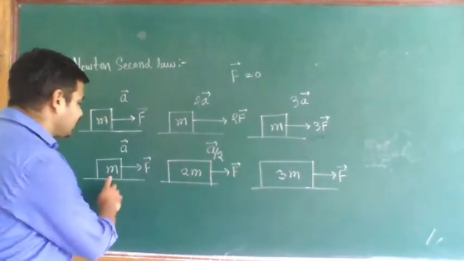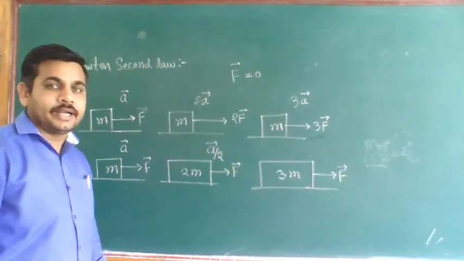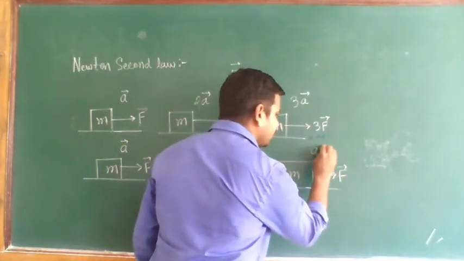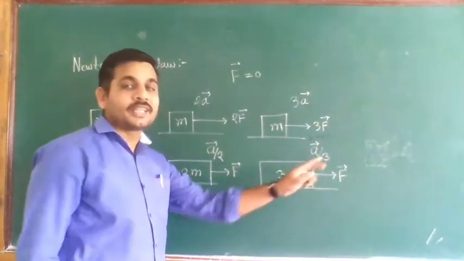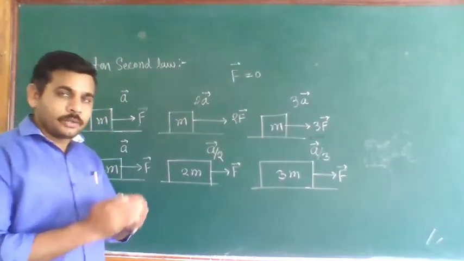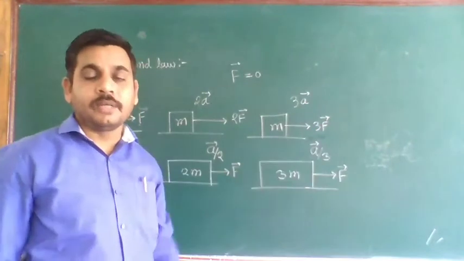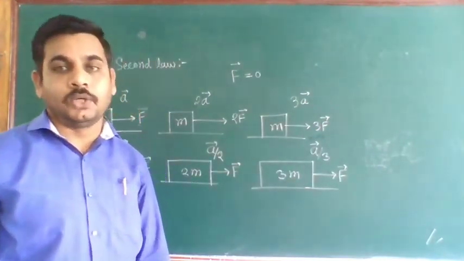We just increase the mass of that block, and you observe that here also the acceleration will decrease, by A by 3. So whatever the mass, the acceleration decreases, which basically depends on the mass of that body.